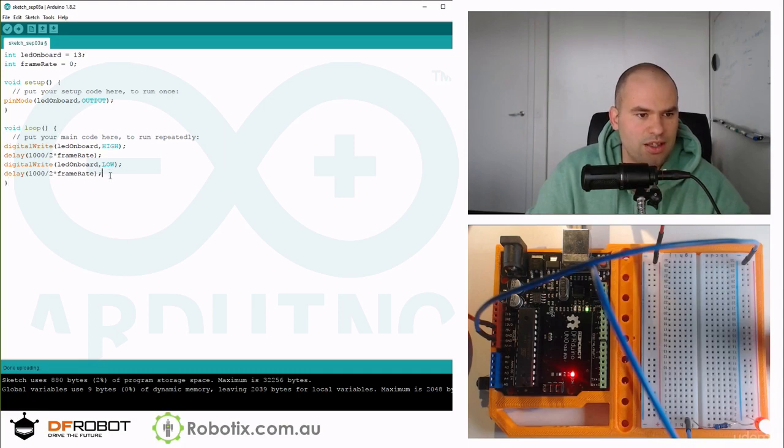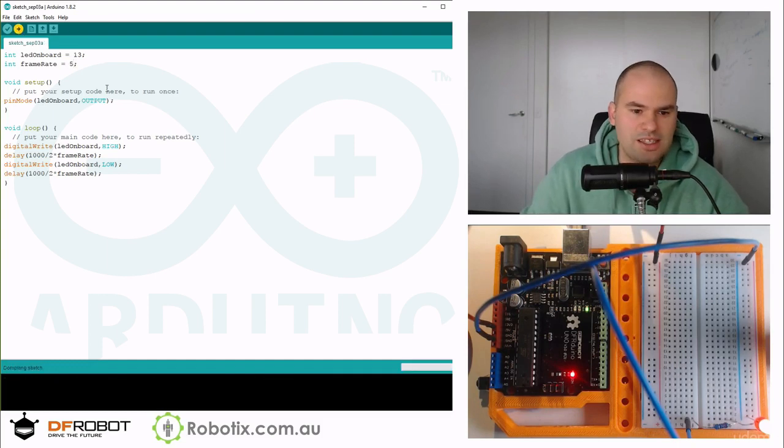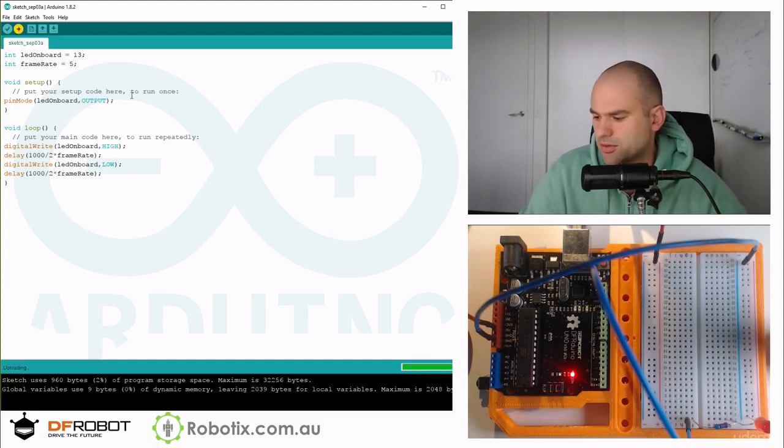So let's test this out. Frame rate is right now 0. Let's try frame rate something that we should be able to see. 5 blinks a second. Let's see if that actually works.